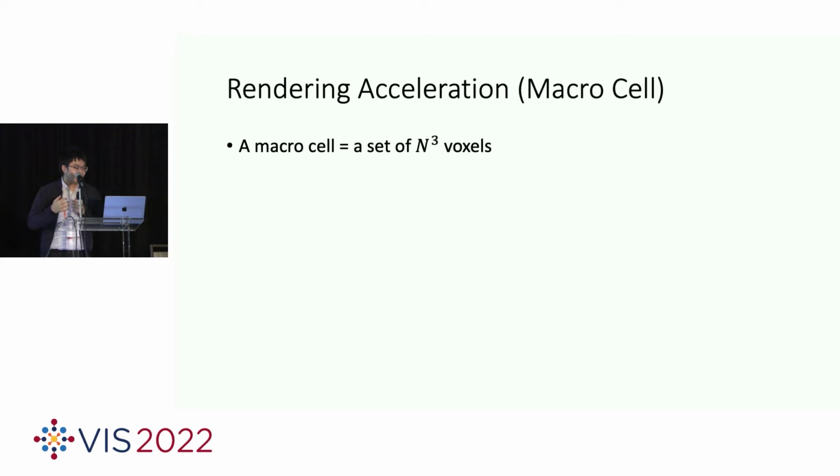So next, we also have an additional layer of acceleration to accelerate rendering, and we call it macro cell. This is not a new technique. This has existed for path tracing for years. And a macro cell is essentially a set of n-cube voxels. I mean, it doesn't have to be cubic, but in this case, we call it cubic.